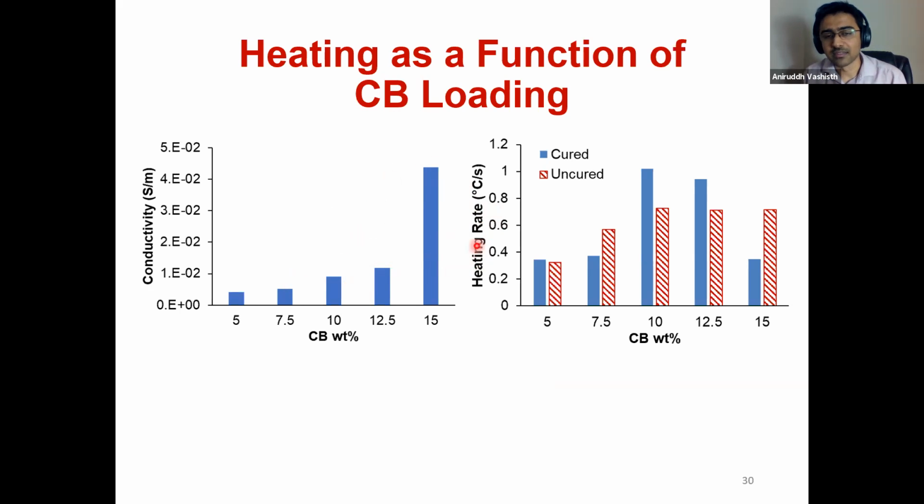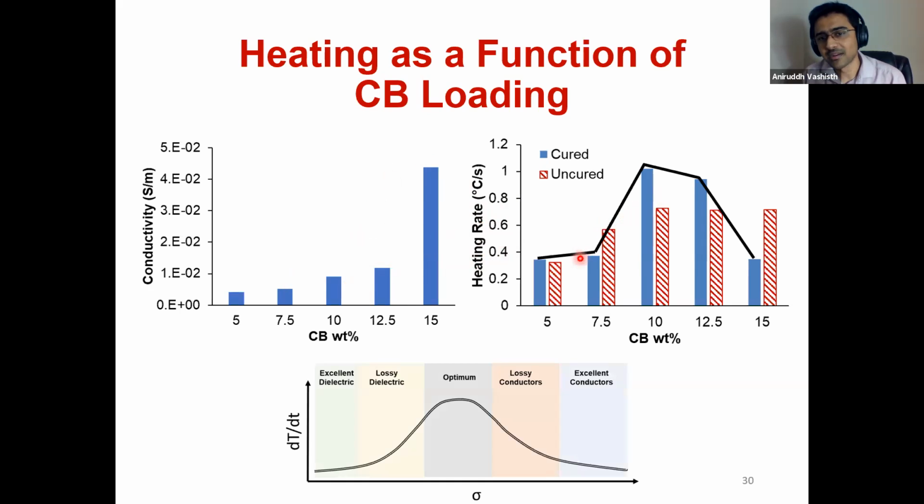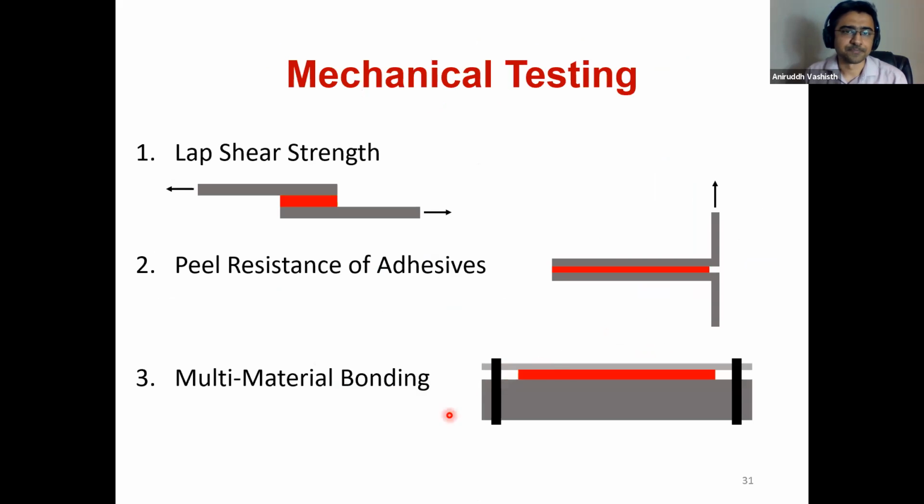If you look at the heating rates also, you see a similar curve to what I showed you earlier. You start off with very low heating rates, but there is one optimum range where you get the best heating. So we selected 10 weight% of carbon black in our adhesive, and the set of experiments that we did had this concentration.